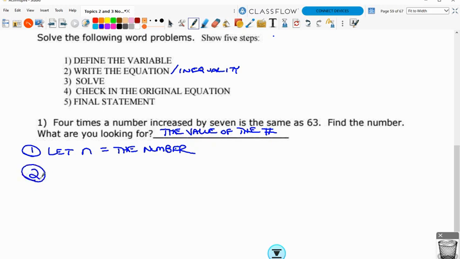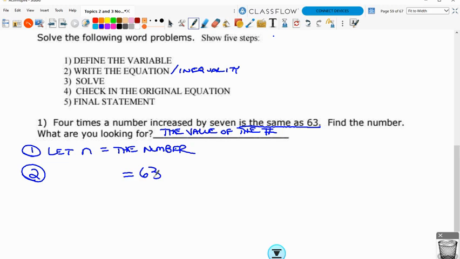In step 2, I'm going to set up my equation or my inequality. If I read through the words very carefully, when I say 4 times the number increased by 7 is the same as 63, I know that that's going to be an equation because it's setting it equal to some specific value. So at the end, I'm going to have something that equals 63.